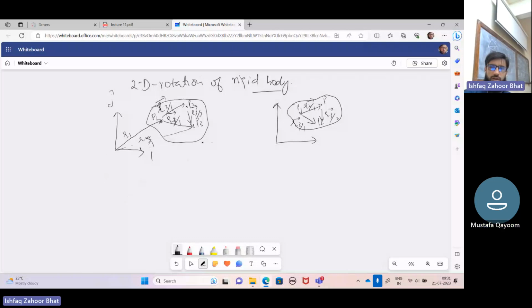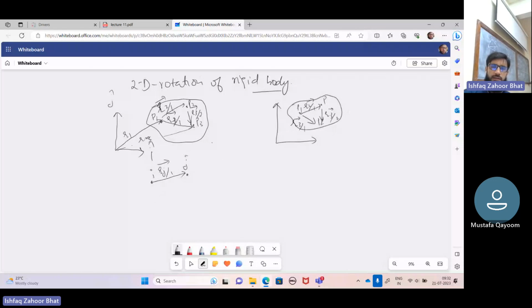So basically, if you take any two points, let's take some I point and some J point. These two points are on this rigid body. Maybe I is here and J is here. So this Rji represents the position vector from I to J.